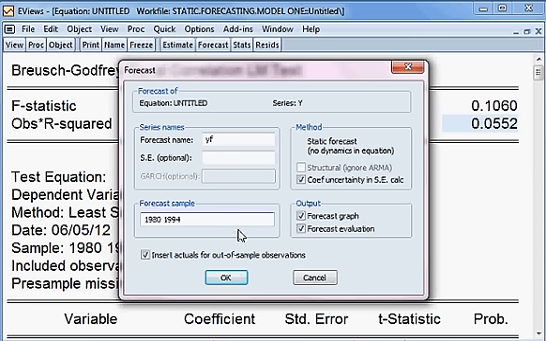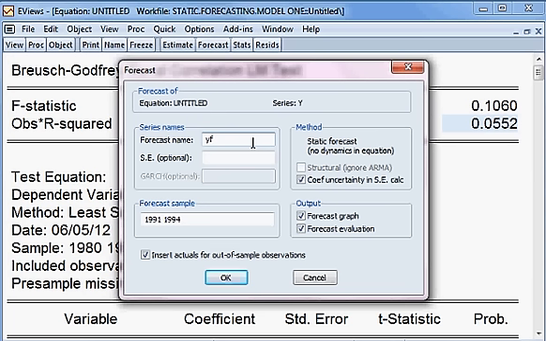Forecast is from 1991 until 1994, and the forecast name is YF. What is called YF? That means forecasted Y, beyond our regression model.